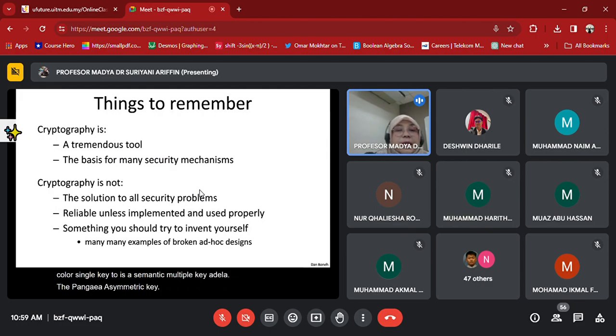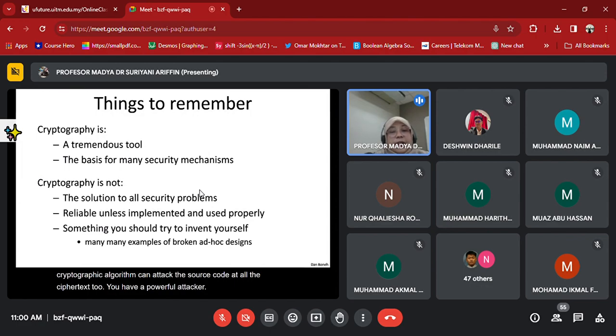So things to remember: cryptography is a tremendous tool. If you can understand how cryptography works, you actually have digital power in your hand. And if you can attack the cryptographic algorithm, the source code or the ciphertext, you are a powerful attacker.